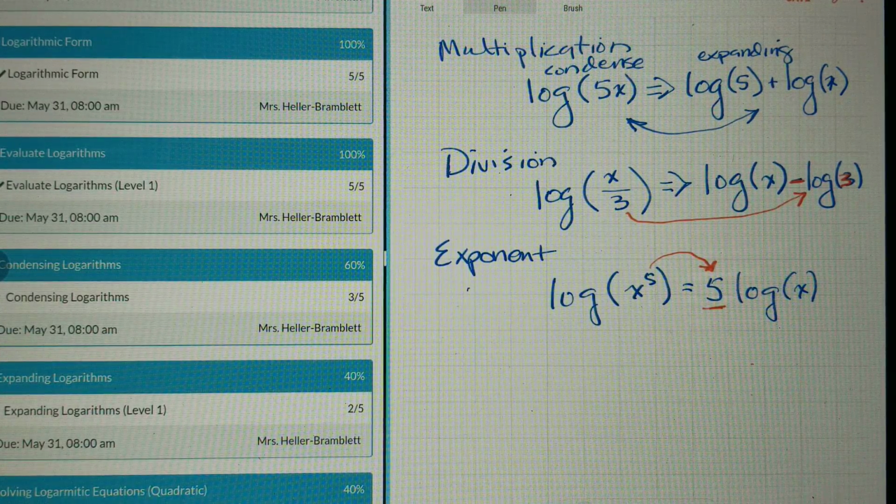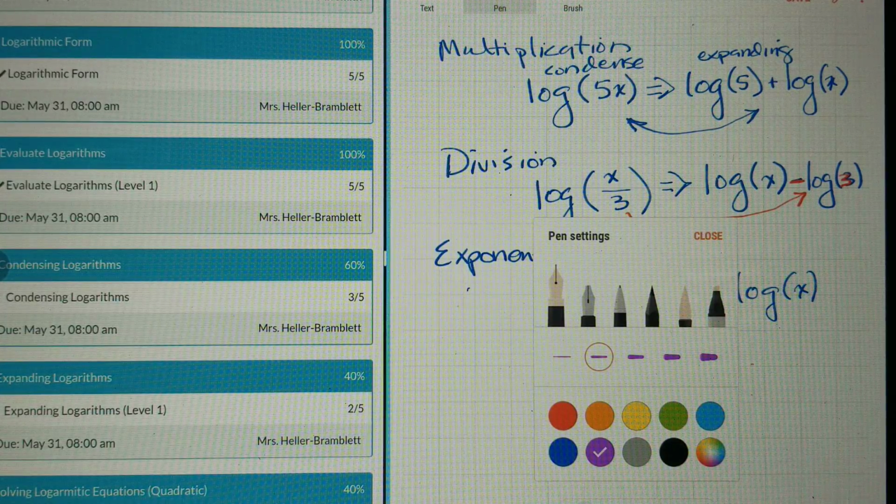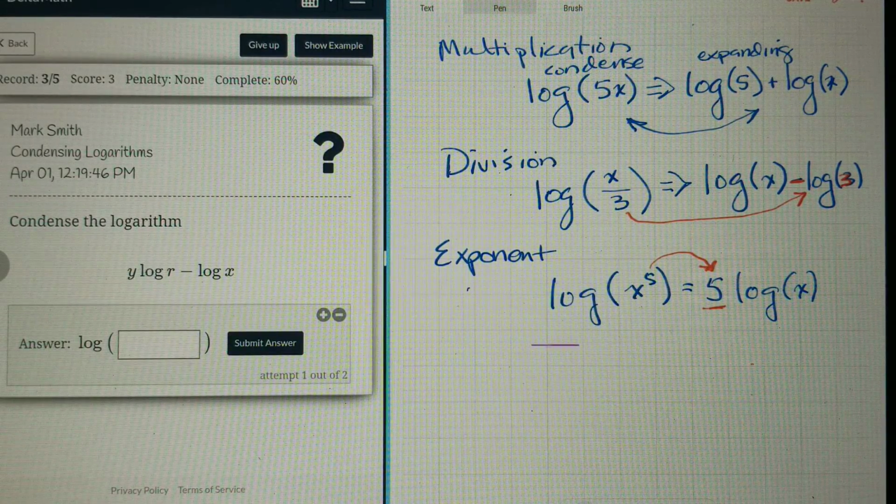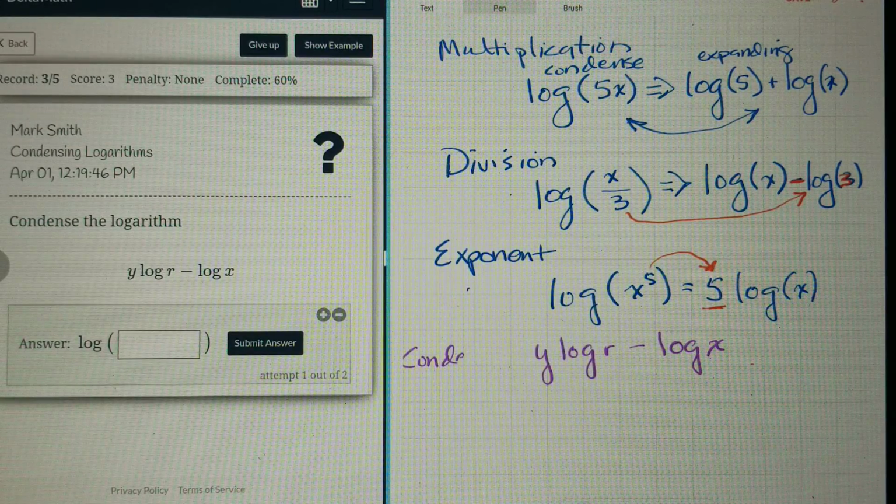I'll switch to purple for the problems. So, condensing logarithms. In this case we have y log r minus log of x. This says to condense, so we want to make this smaller. Here we have an example of our exponent, because it's got this y out in front.